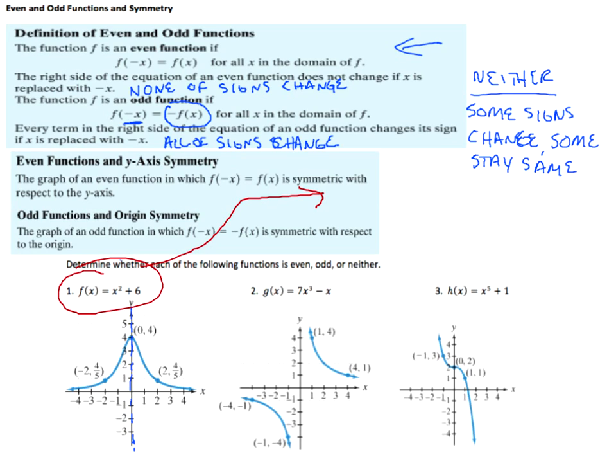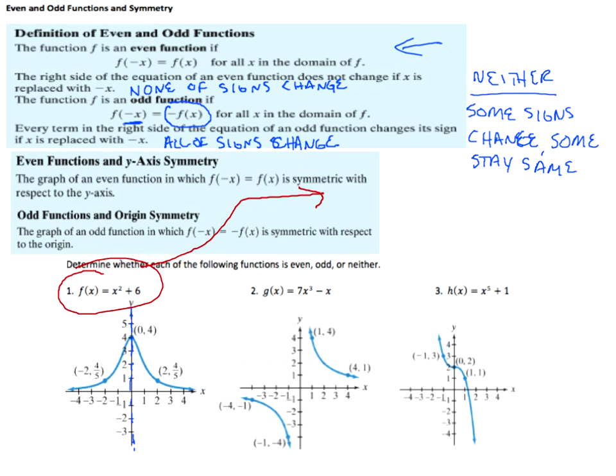So the process is to plug in negative x and see what happens with the signs. So this is negative x squared minus 6. Negative x times negative x is actually positive x squared minus 6.